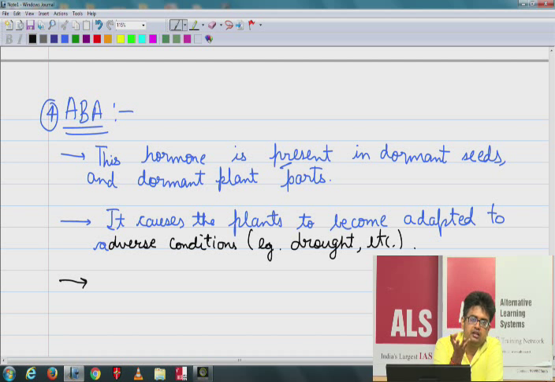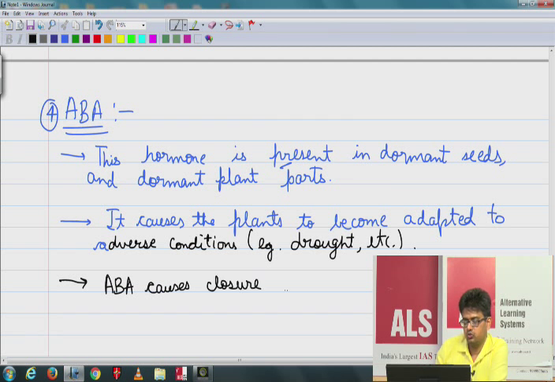If you spray it, these plants will be able to grow in water scarce conditions. This is the use of abscisic acid. Abscisic acid causes closure of stomata.